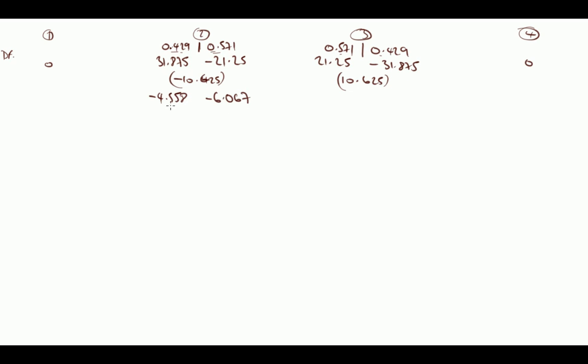Again, the sum of these will add up to this, because we've split that in the ratio of two factors that add up to 1. Okay. And similarly, this will distribute. This is positive this time, so we will get 6.067 on that side and 4.558 on that side.